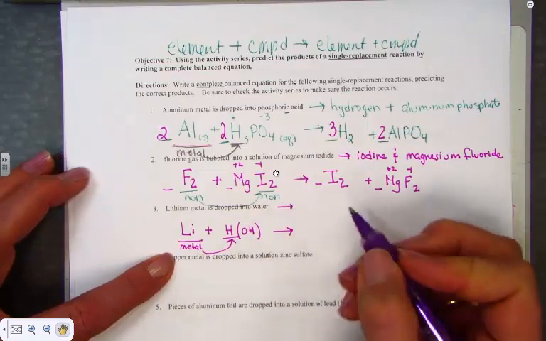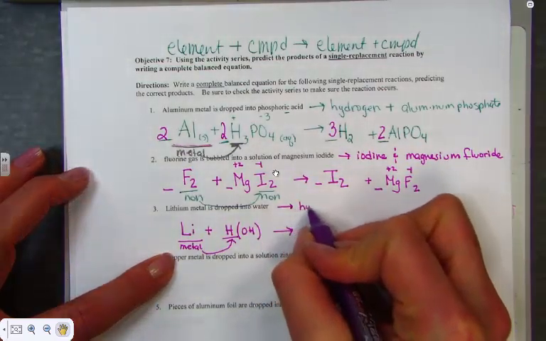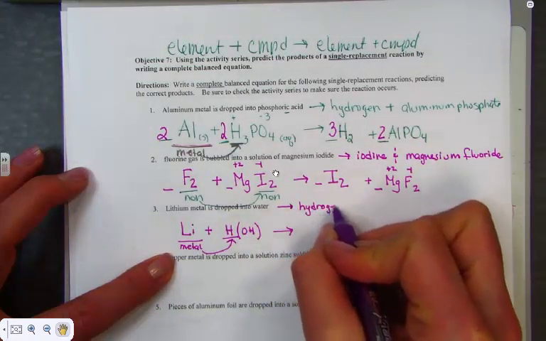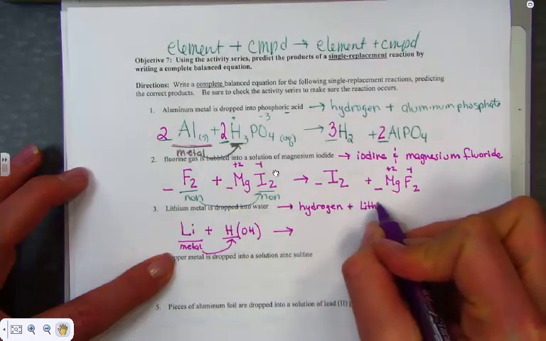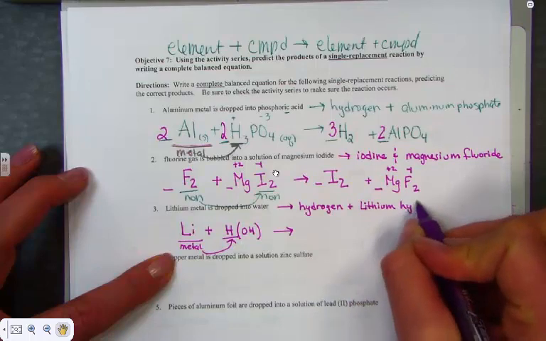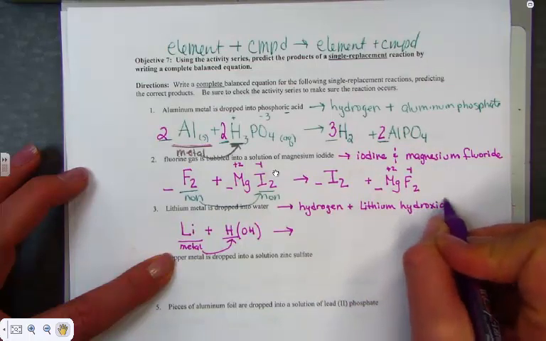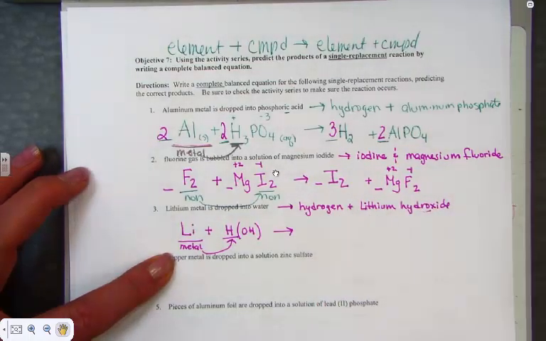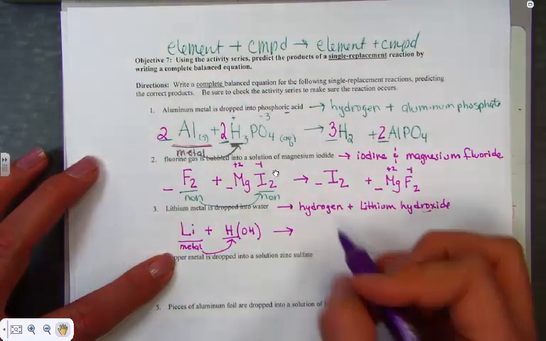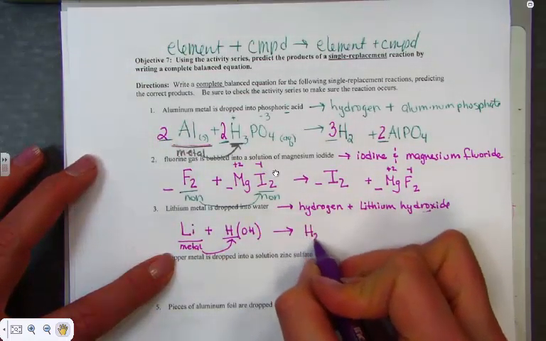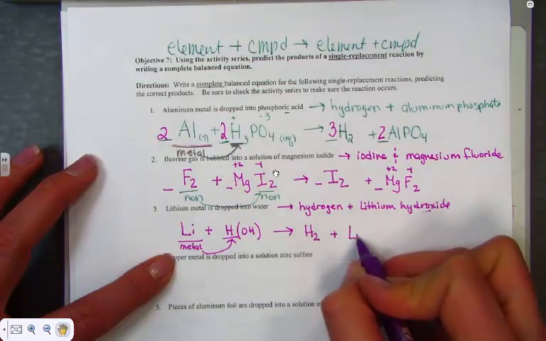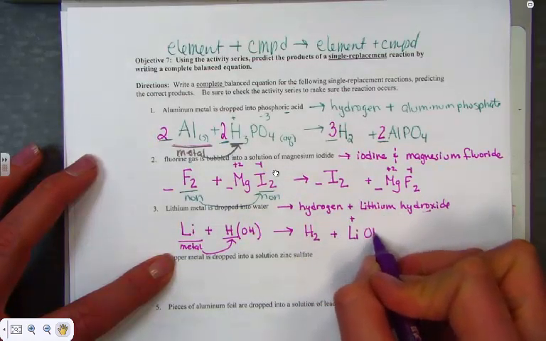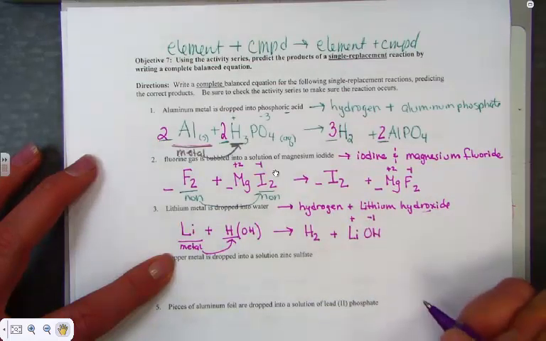Now think about the words of our product. The new element is the elemental form of hydrogen, and the new compound is now called lithium hydroxide. Turn those words into formulas, and then we'll balance. Elemental hydrogen, H2. The compound of lithium hydroxide, LiOH.